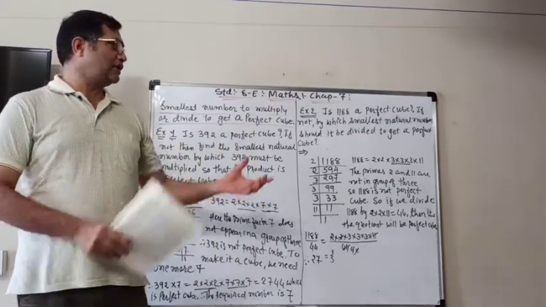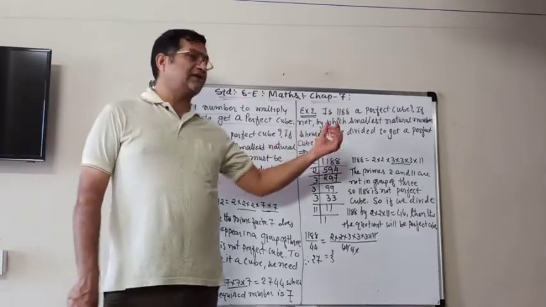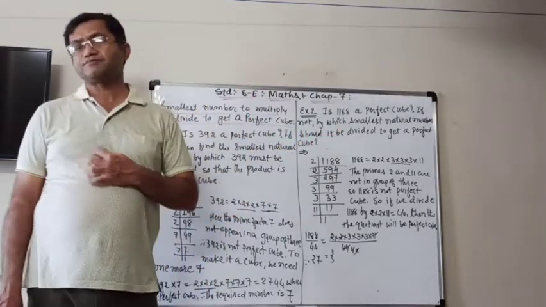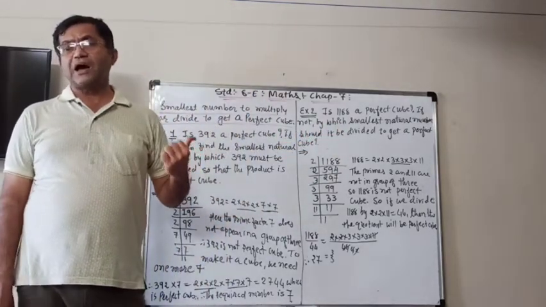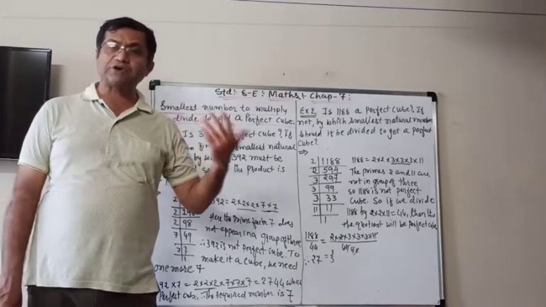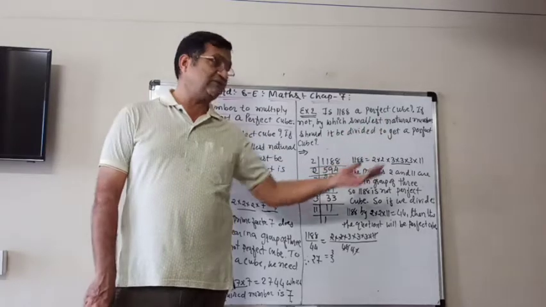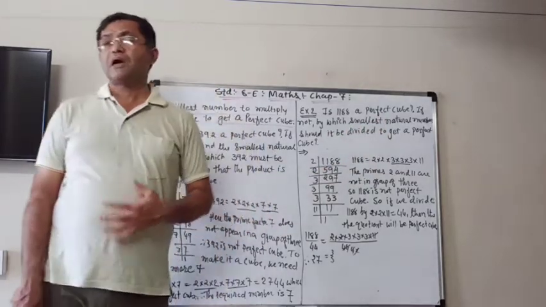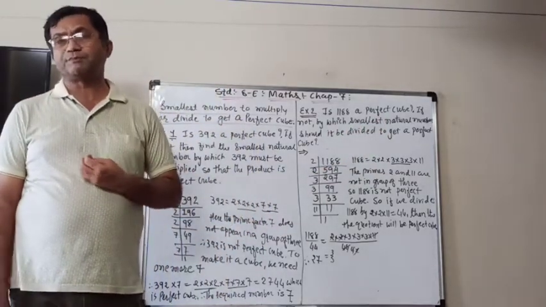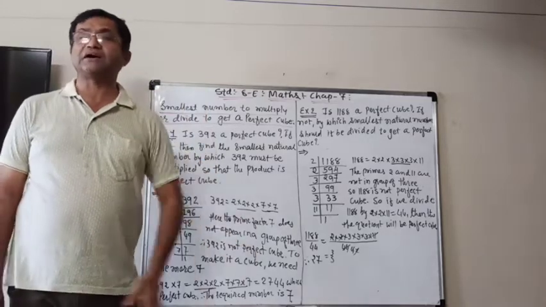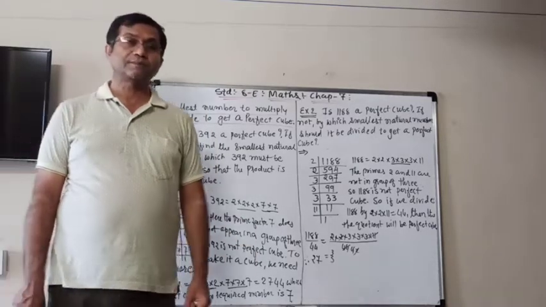So here we are going to understand 2 examples. In one of them, we get a perfect cube by multiplying the number, and in the other one we will see how we get a perfect cube by dividing the number.